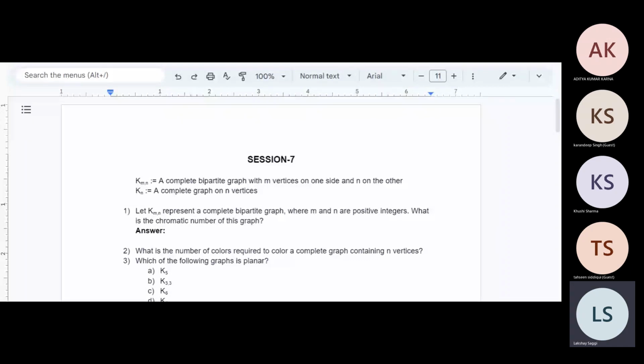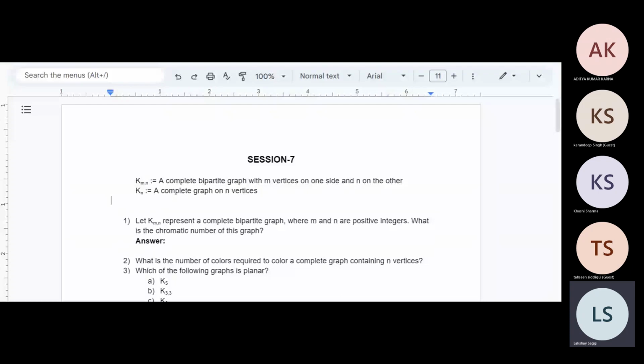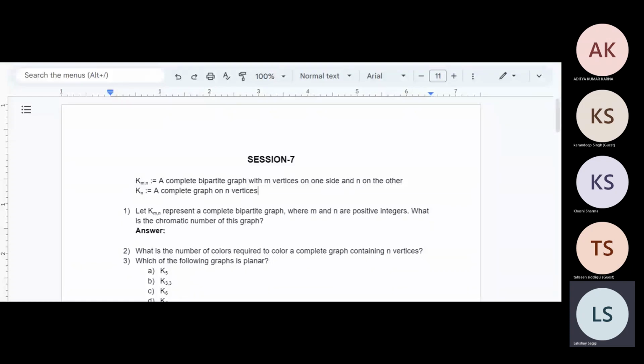I hope the difference between K_n and K_{m,n} is clear. Maybe I'll just write down these two notations for now and we'll update this if there are other notations. So K_{m,n} is a complete bipartite graph with m vertices on one side and n on the other.